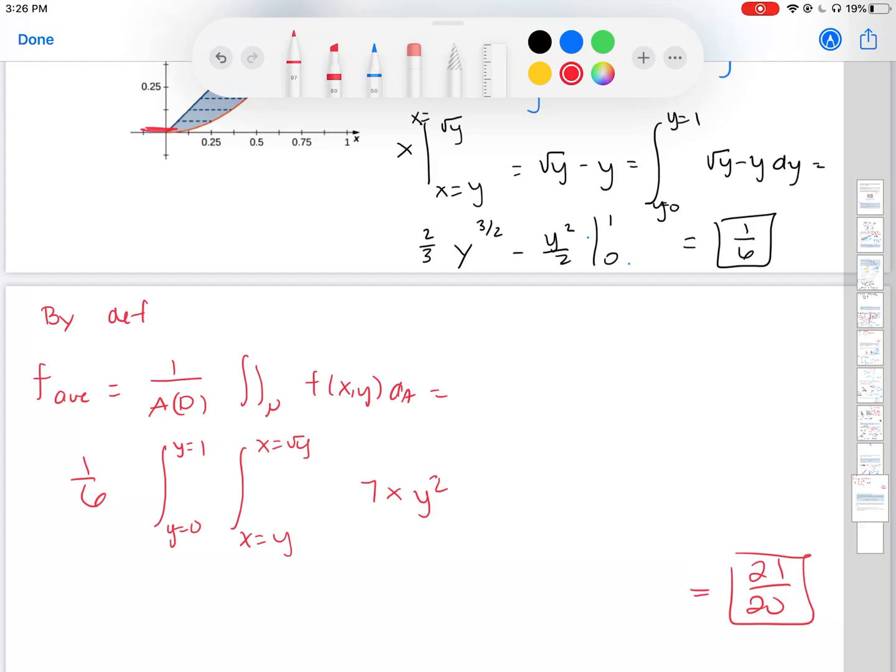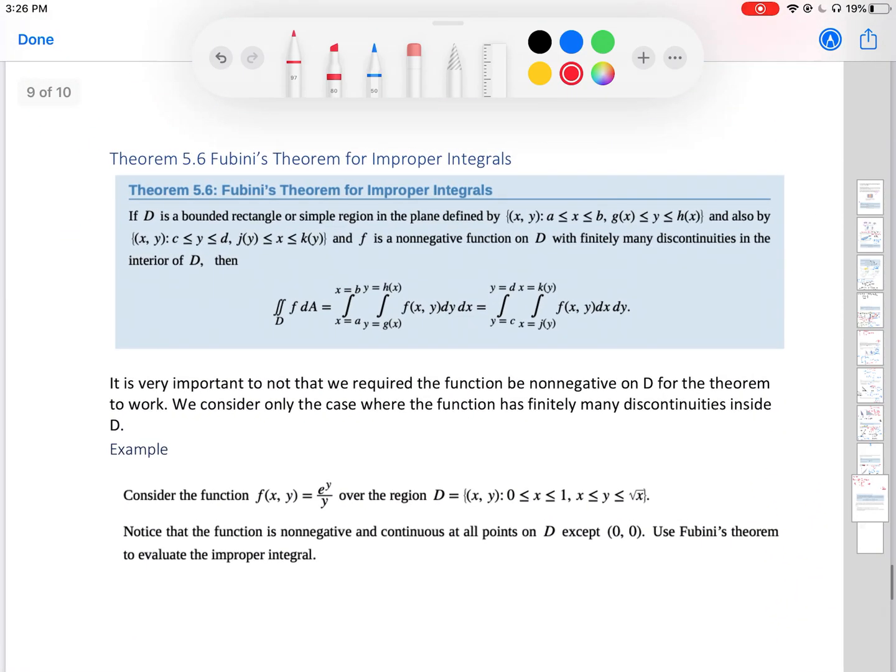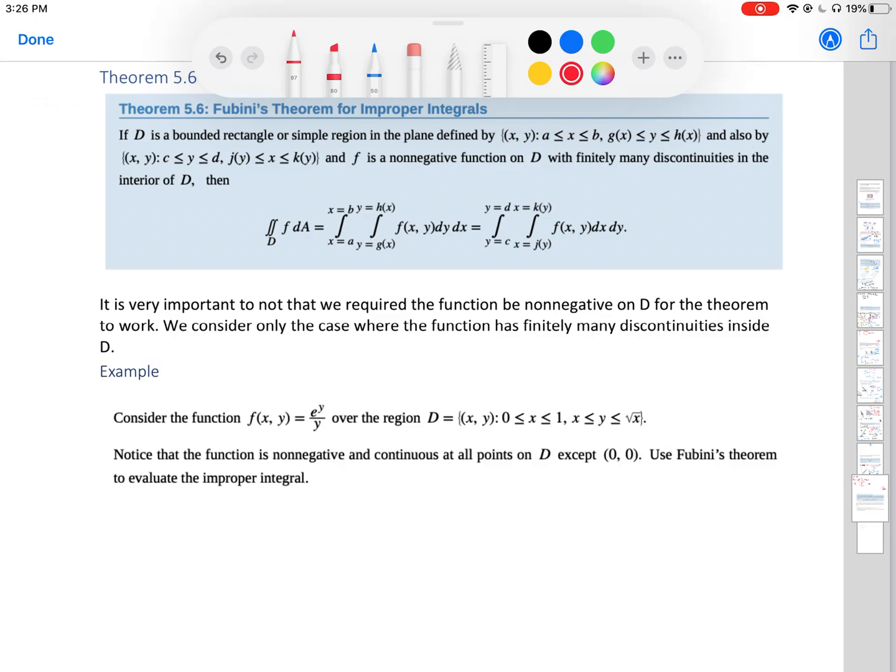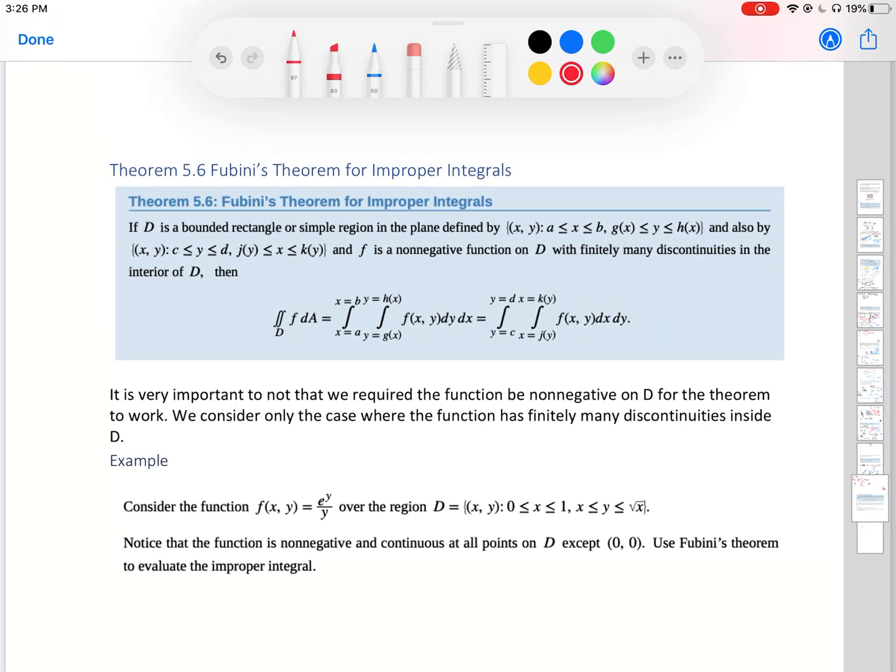All right. Next we have a new theorem, and it works pretty much the same as what we have. So 5.6, Fubini's theorem for improper integrals.